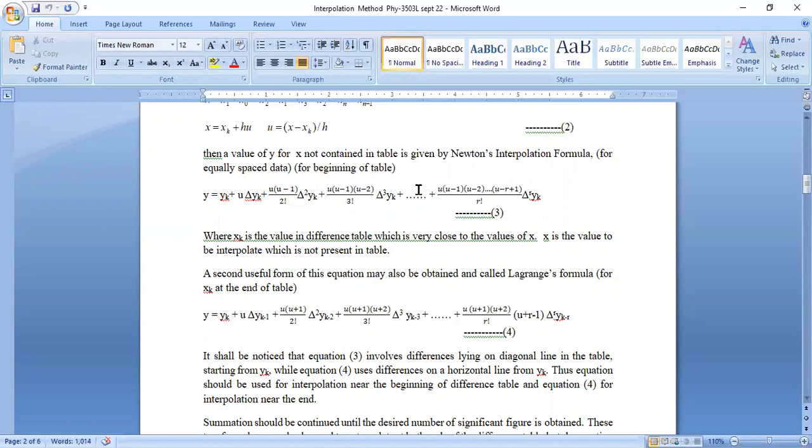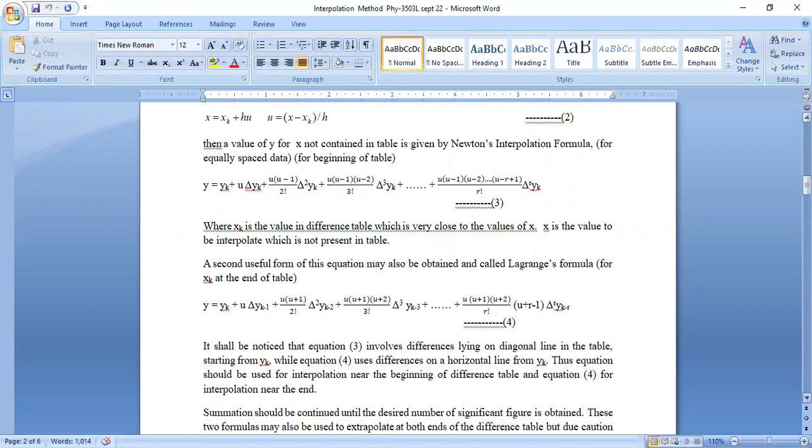Then del 4 will be u(u minus 1)(u minus 2)(u minus 3) upon factorial 4 del 4 y1. Then you have del 5 y1, del 6 y1, which using this logic you can write in this formula.